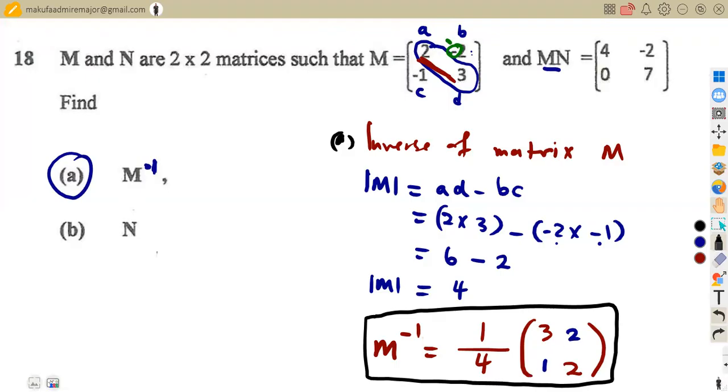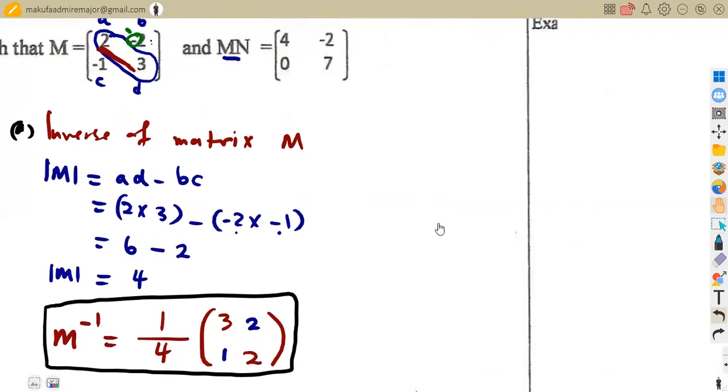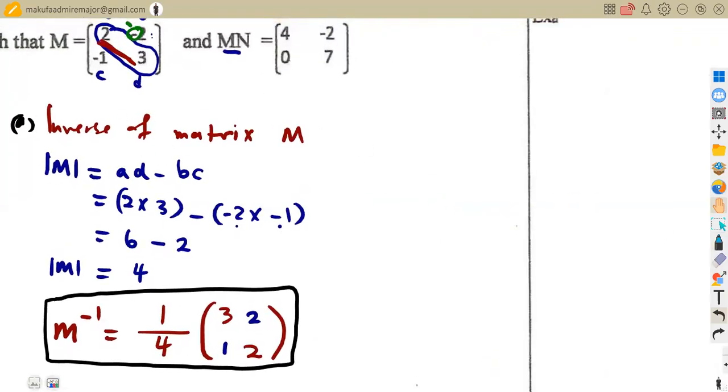Then the second question was to determine matrix N, which we are told is a 2 by 2 matrix. Let us check what is happening between these two. We have matrix M and matrix N, and we are given their product. If we multiply M times N, we get this matrix of 4, -2, 0, 7.